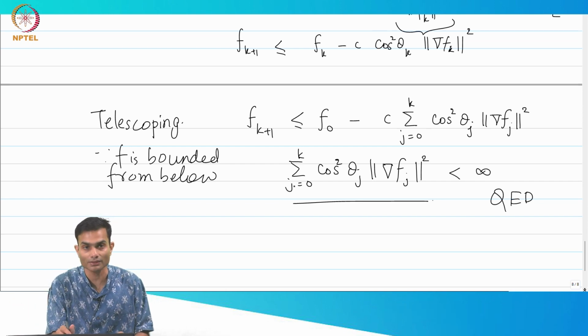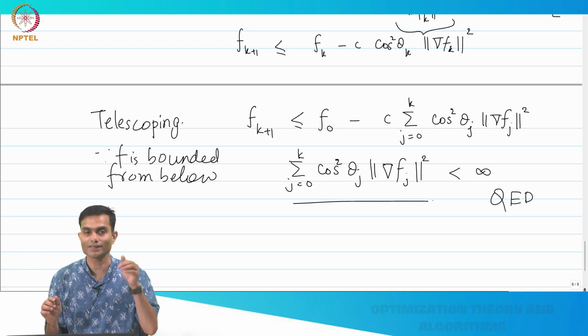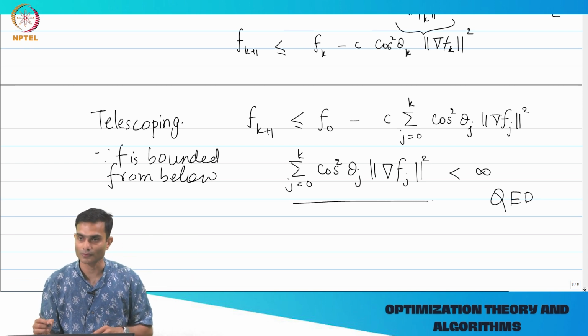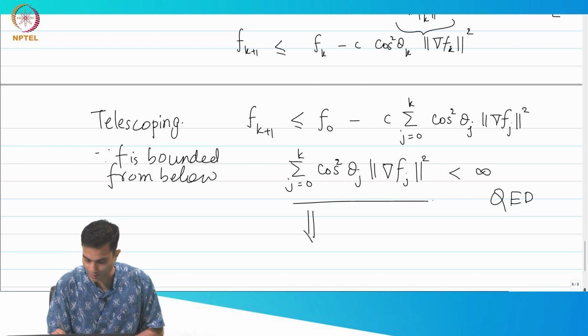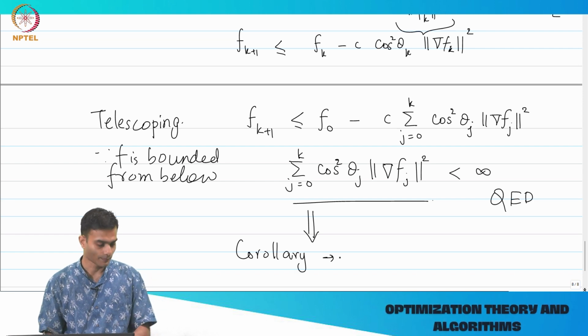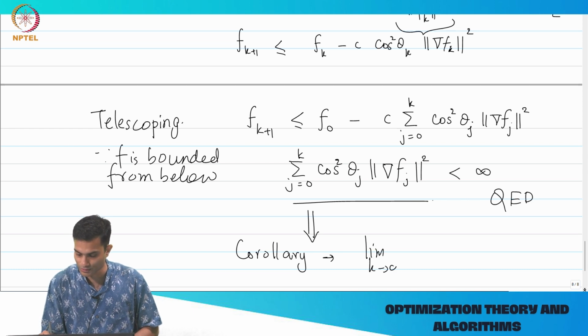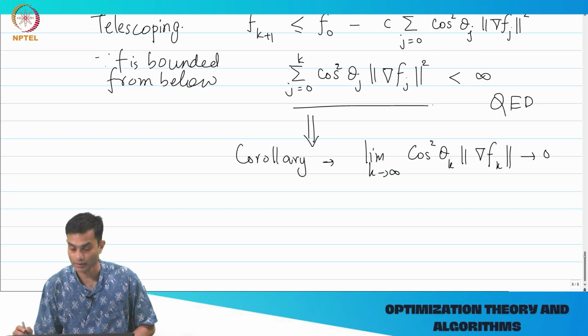When I see a summation in a result, I should immediately think of telescoping a series. To telescope a series, I need the function values which I got from the sufficient decrease condition. Okay. So, these are just some common tricks over here, and from here the corollary, as I mentioned, is that as k tends to infinity, cos squared theta k grad f k tends to 0, right.